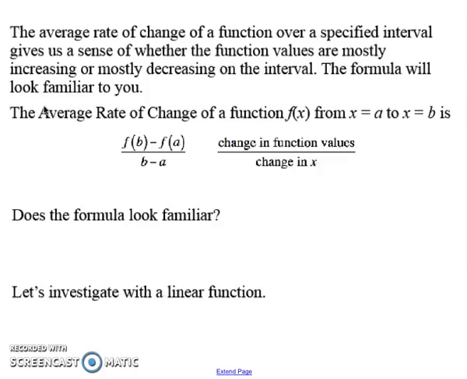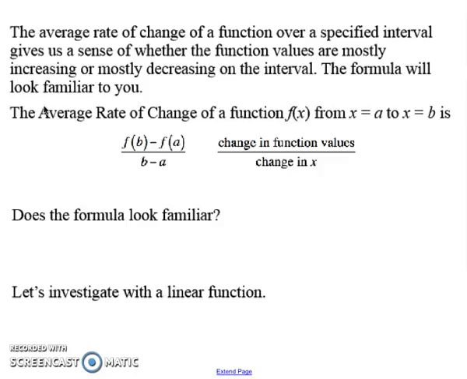So average rate of change in this case, though, the biggest concept that I need you to take home with you is that it's just the change in function values over the change in x. f(b) minus f(a) over b minus a. Now, that's kind of a funky looking formula.